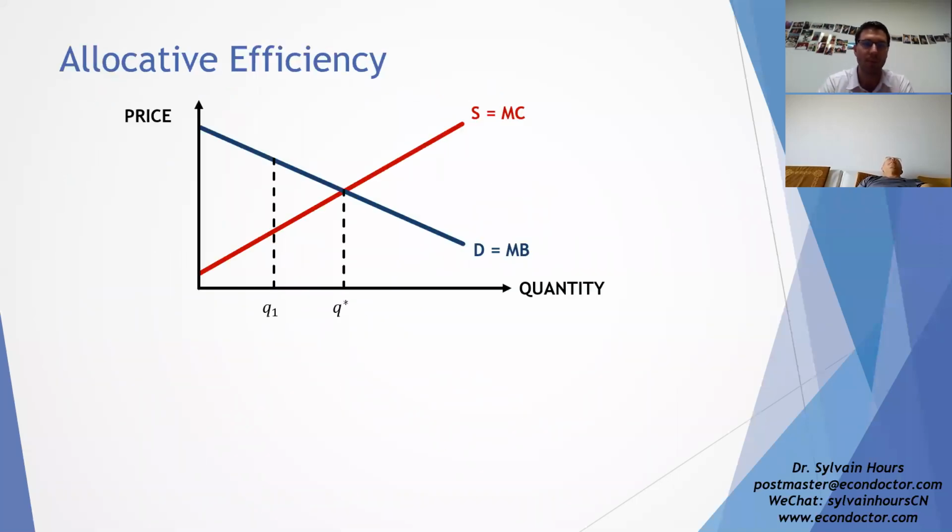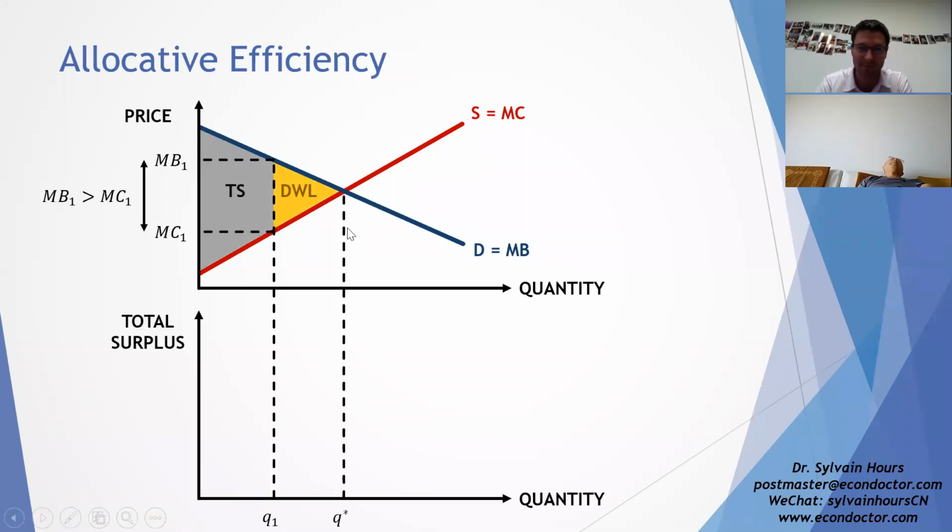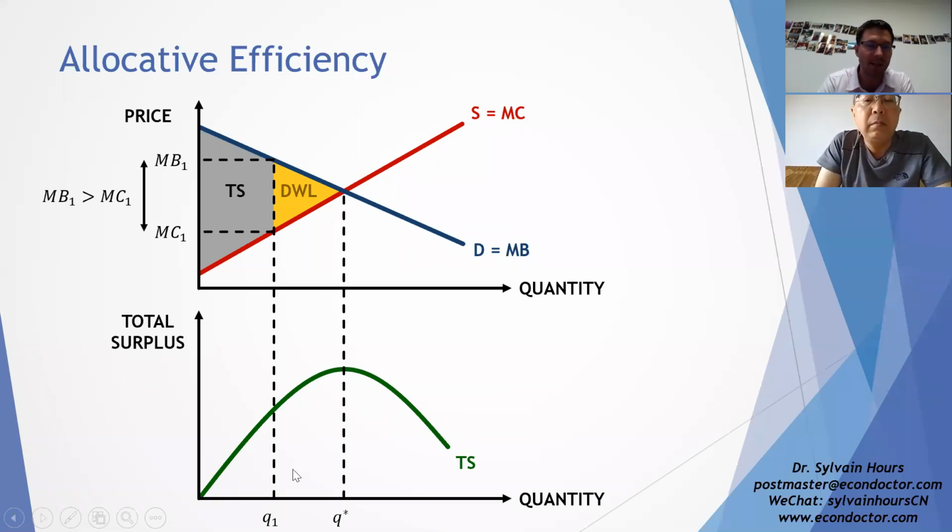So for example, what if we are there? We know that the allocatively efficient level of output is Q star. This is at this quantity of output that total surplus is maximized, yes. But at Q1, which is a lower level of output, I see that total surplus, which is represented by the gray area, is not as large as it could be.